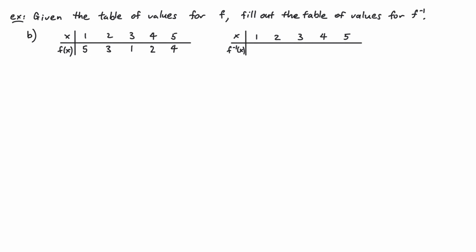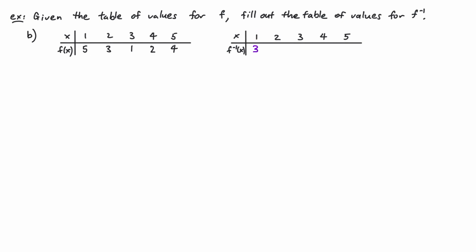So if we want to figure out the output of the inverse function when we input 1, we want to look at the f table and see where 1 shows up as the output. In my table for f, 1 shows up as the output here. When we input 3, we got the output 1. So for my inverse function, when we input 1, we should get the output 3.